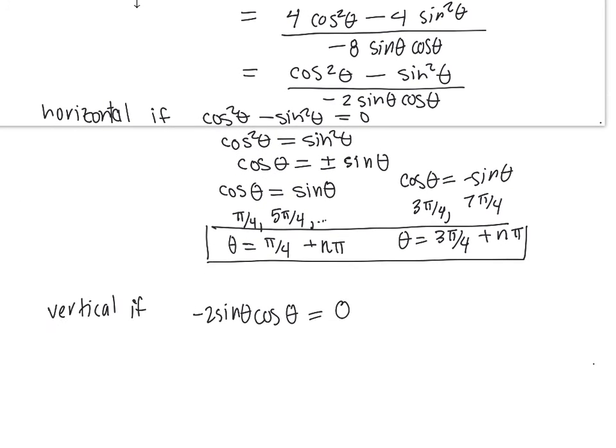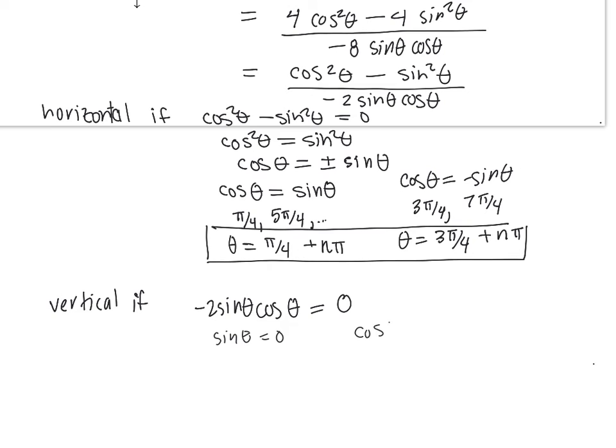And that will occur if either sine theta is 0 or cosine theta is 0. And sine of theta is 0 at all of the integer multiples of pi, so theta is pi times n, where n is an integer. Cosine theta is 0 at all the pi halves, so pi halves plus n pi.